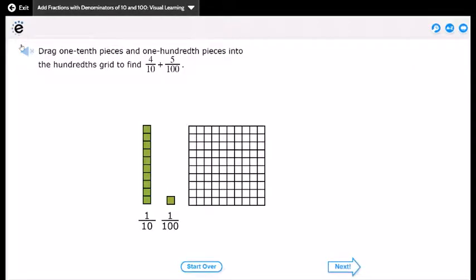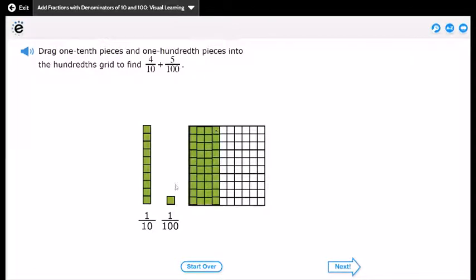Drag 1/10th pieces and 1/100th pieces into the hundredths grid to find 4/10ths plus 5/100ths. So, this is 1/10, this is 1/100. So I will show 4/10ths. 1, 2, 3, 4.